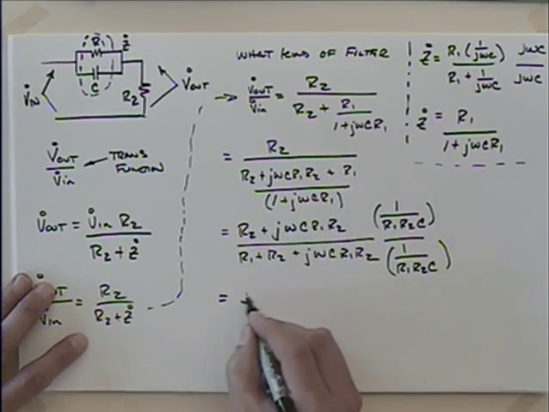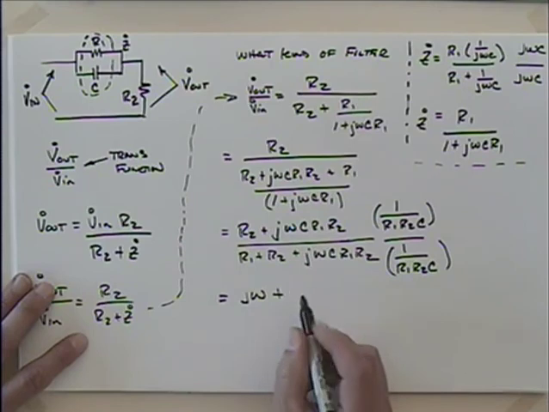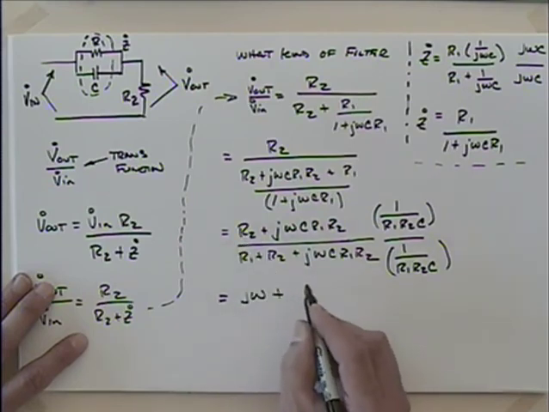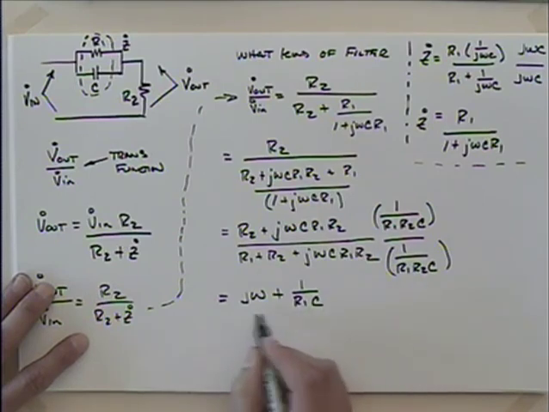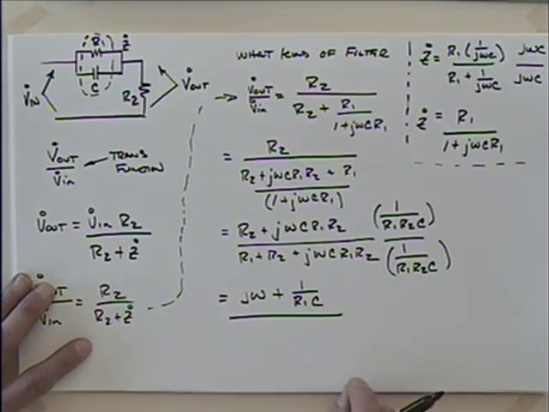So I have j omega plus, get to cancel the R2's, and I have 1 over R1 times C. That's the numerator. What do I get in the denominator?